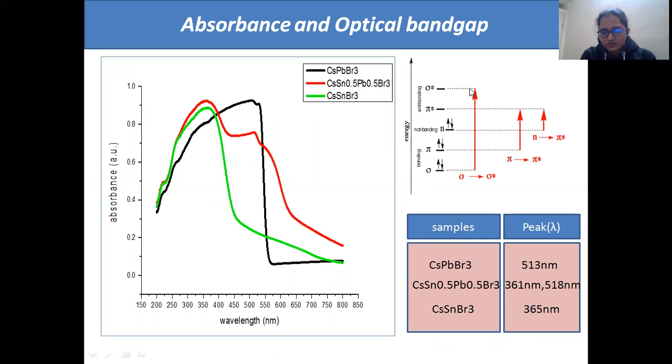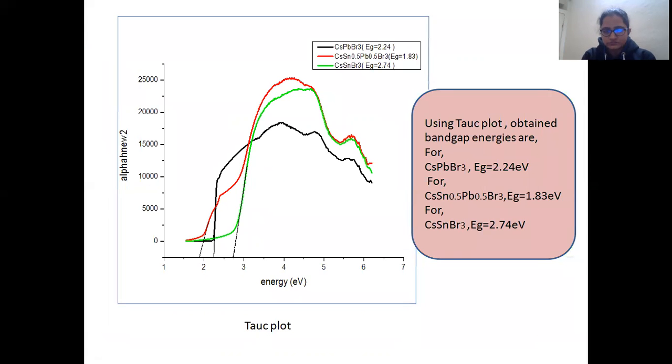The sigma to sigma star transition is not possible in UV visible spectroscopy because it requires a larger amount of energy. This peak corresponds to the pi to pi star transition, and this peak corresponds to the n to pi star transition.